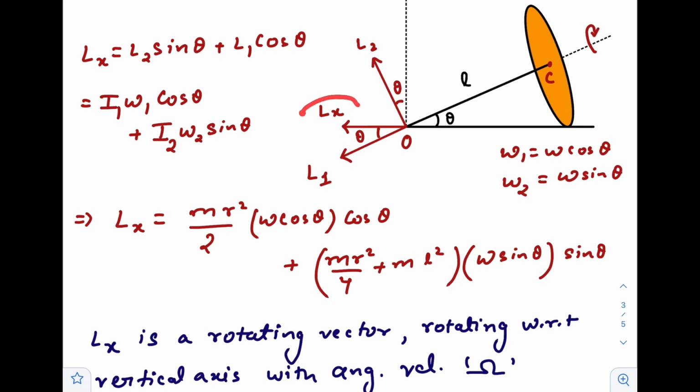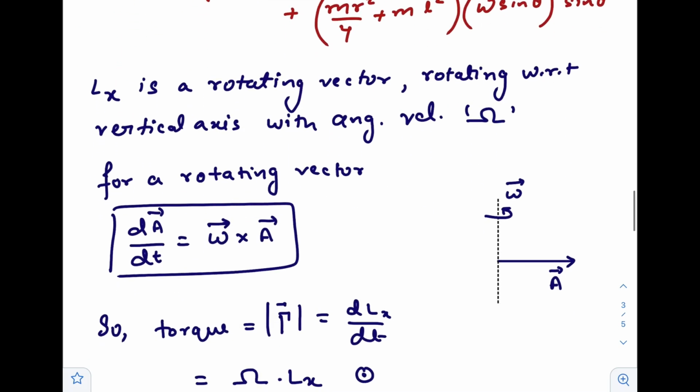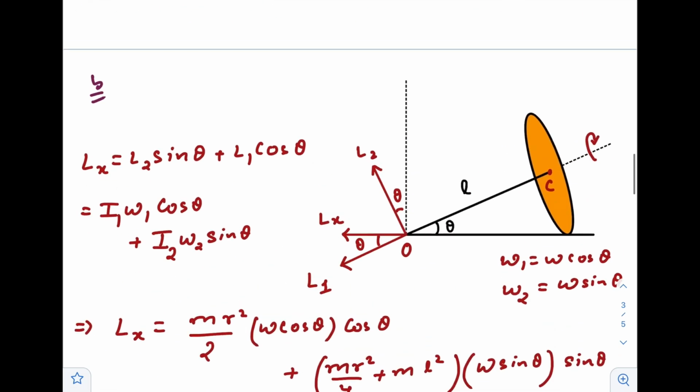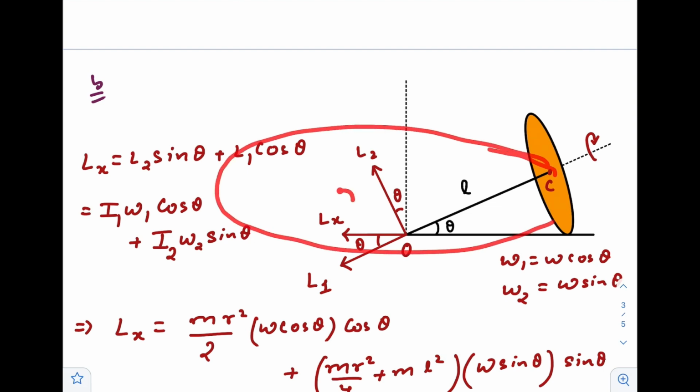So of course this angular momentum is changing, that means of course there is a torque involved here. So first we will find out the rate of change of this angular momentum, because if you push the motion continuously, this Lx vector will keep on rotating.